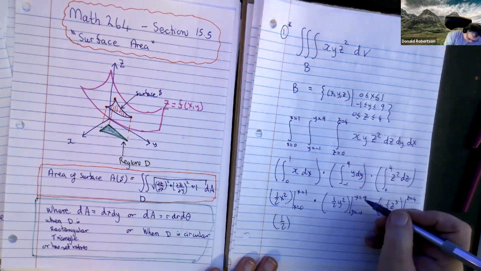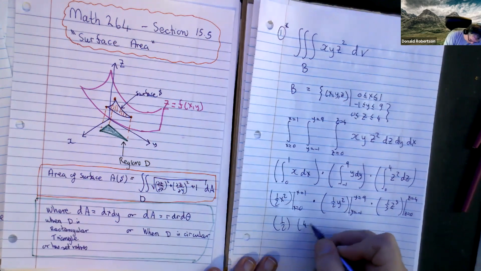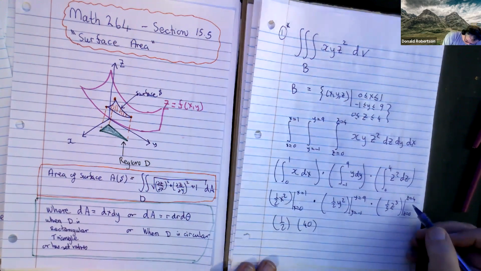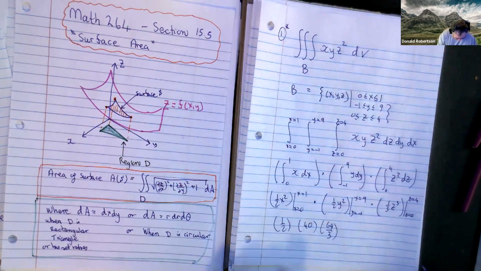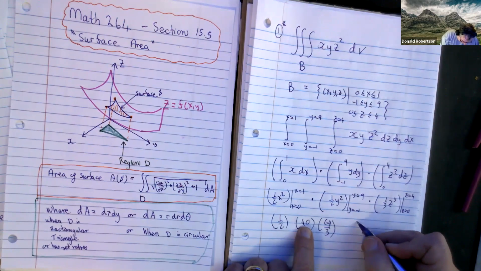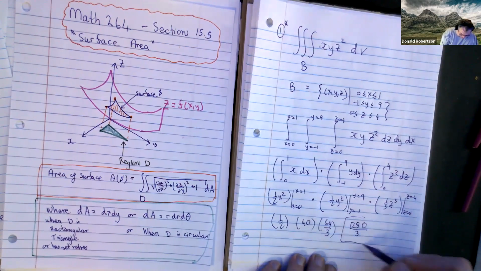What are you going to get? You're going to get 81 halves. Take away 1, so you're going to get 80 halves, so that's 40. And this one, you're going to get 64 thirds. And that'll cancel down to 20, so you're going to get 1280 over 3, and that would be your answer. All the limits of integration were numbers.